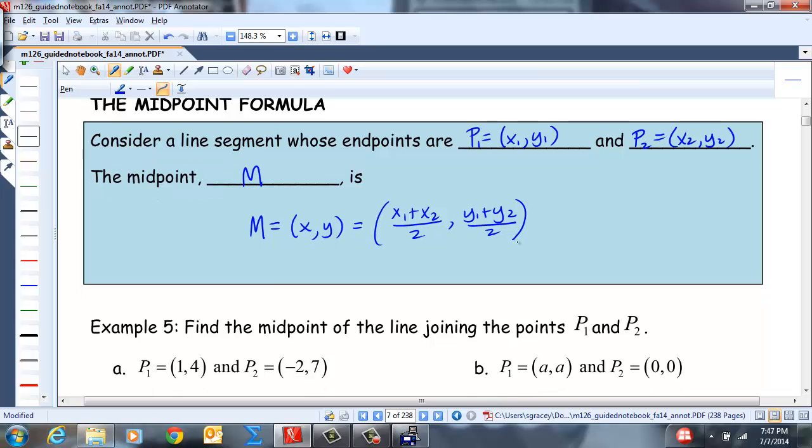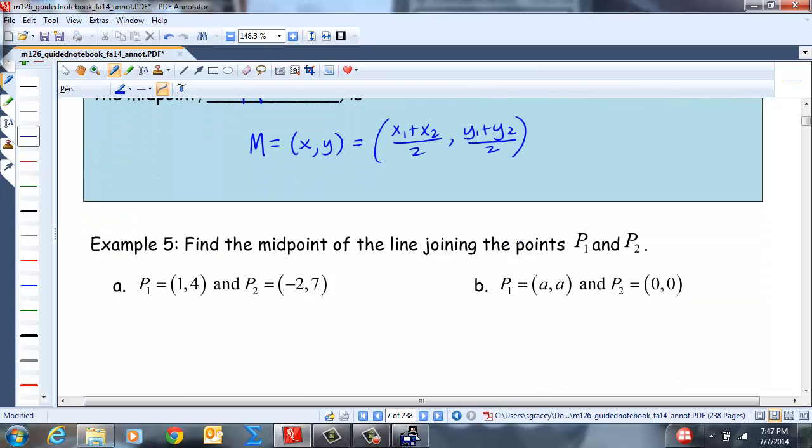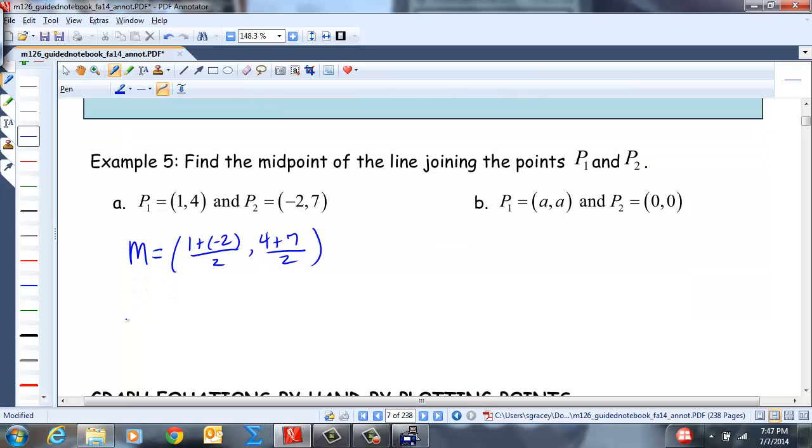All right, so let's do a couple to get it on your brain. The first one, the midpoint will be summing the x values and dividing by 2, and then summing the y values and dividing by 2. So the end result looks like negative 1/2 and then positive 11 halves.